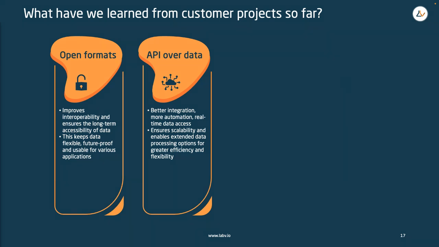API over data. As I mentioned before, testing devices, lab equipment with APIs enable a much easier integration and also automation of any kind of test sequences, and also enable you to have real-time access to the current data. So they offer a better, I would call it, scalability and also expandability for future requirements.